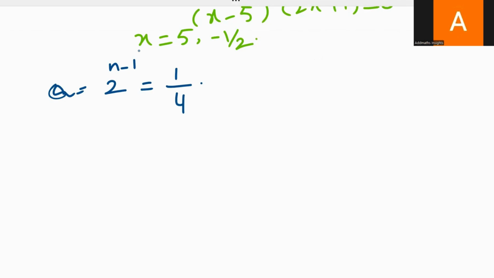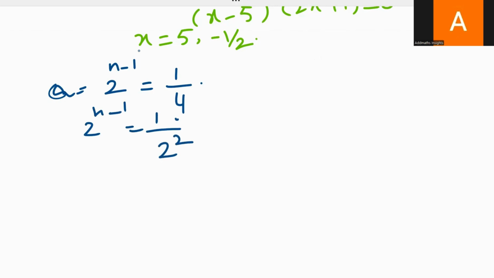Remember, the basic concept is to make the bases the same. So you can express this 4 in terms of 2 as well. You can write 2 raised to the power n minus 1 is equal to 1 over 2 squared.